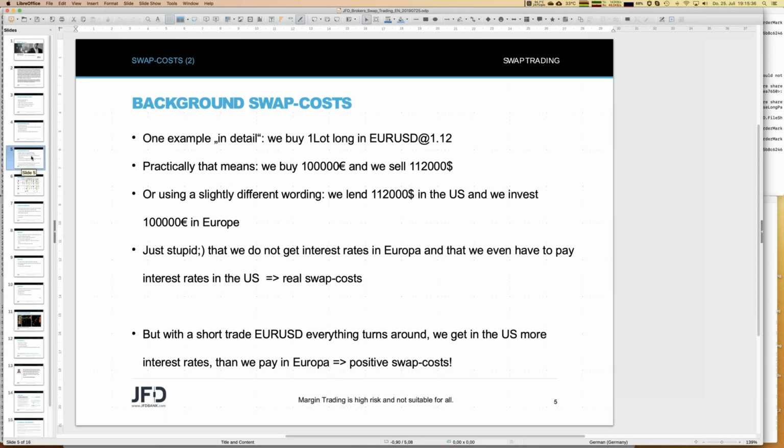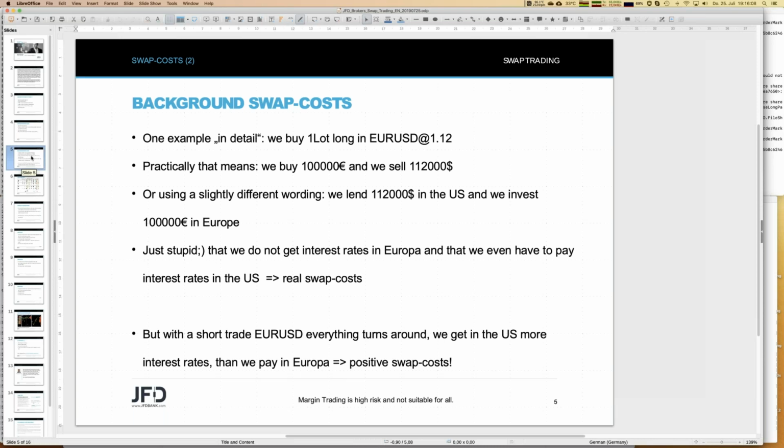If you open that long trade, euro US dollar, it means practically we buy 100,000 euros and we sell $112,000. That's what a trade, one lot euro US dollar, really is, at least for that specific exchange rate.